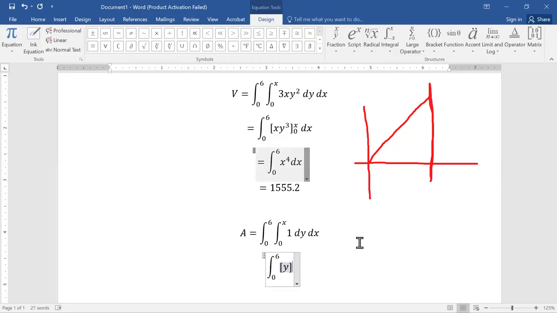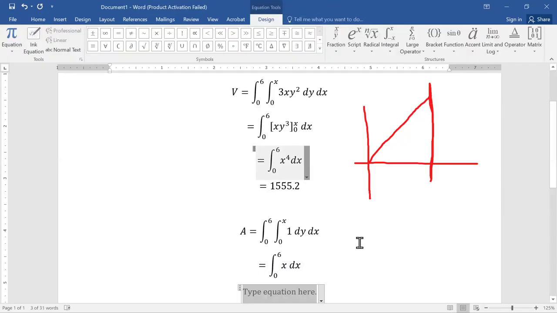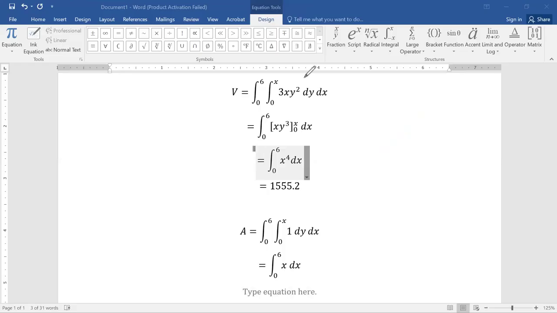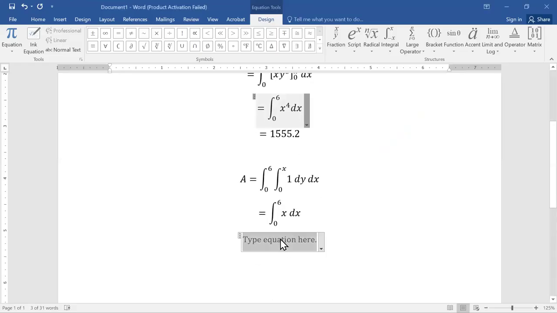When you plug in x, you just get x. When you plug in 0, you get 0. So that's just 1 times x integrated with respect to x. If you want to use technology, you can. This one's pretty easy to do by hand as well. I'm going to get rid of that drawing. I don't know, might as well use technology. Integrate from 0 to 6 x dx. That gives me 18.